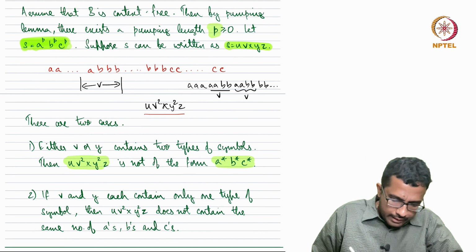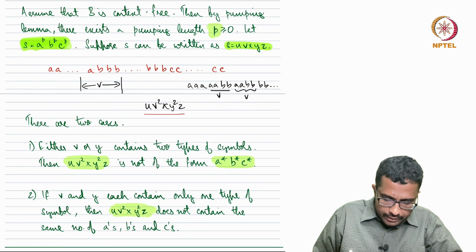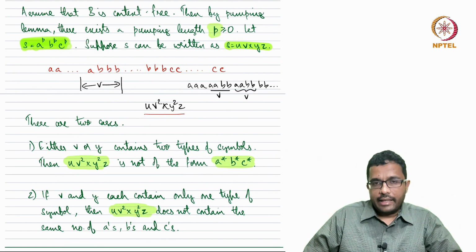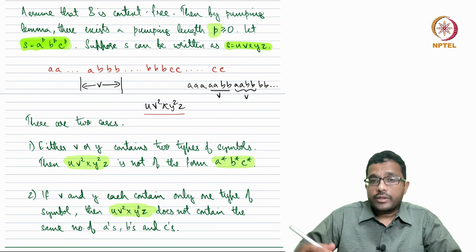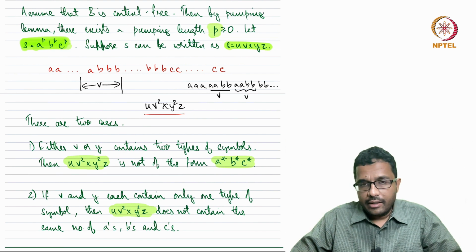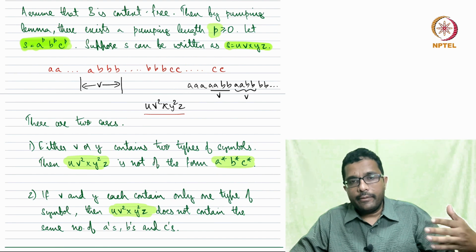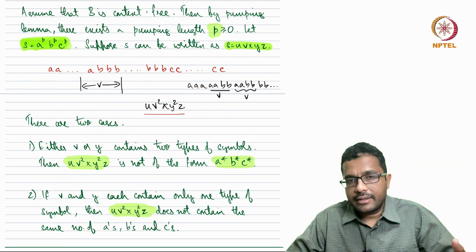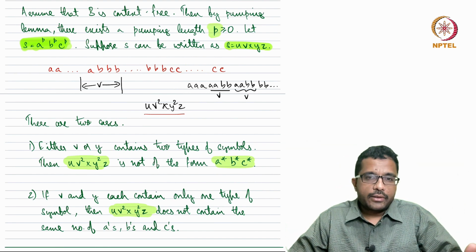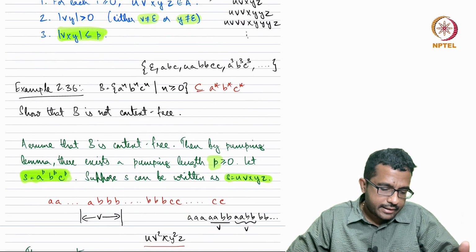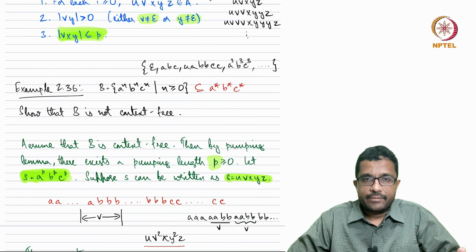Then if you consider the string u v square x y square z, this will have more b's than u v x y z, and more c's than u v x y z, but the same number of a's. So it may have more b's or c's, but the number of a's remains unchanged, which is again not part of the language, because the language contains a star, b star, c star with the same number of a's and b's and c's.